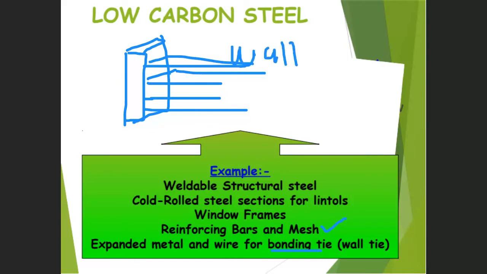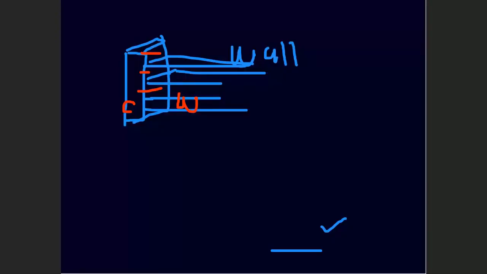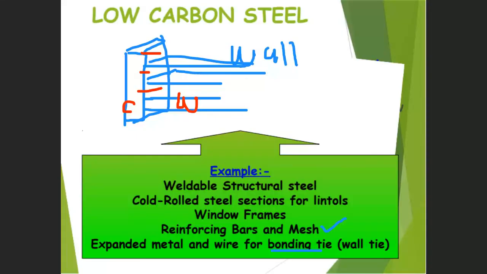Let's say I change the color, so the bonding ties is this one, joining the column and the wall. Normally we call this the extruded bar reinforcement coming out from the column to join the wall, because this wall is designed as a non-load bearing structure. So that can be one of the applications.